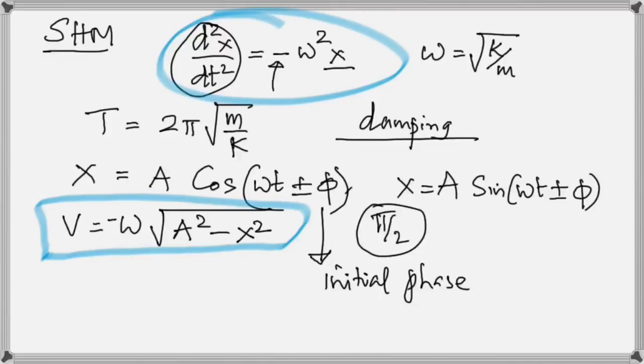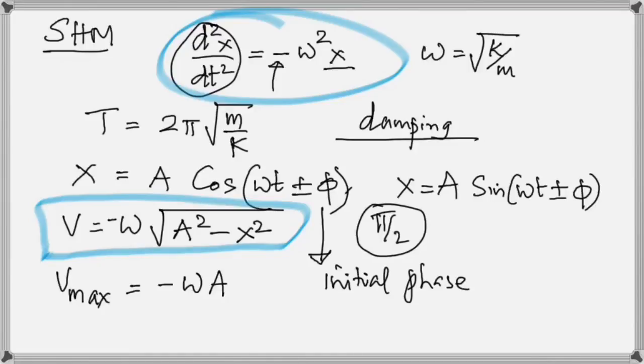When x is 0. So just put x is equal to 0. What do you get? Whatever you get would be the formula for V max. A. Right? Because when x is 0, it's passing through the mean position, isn't it?